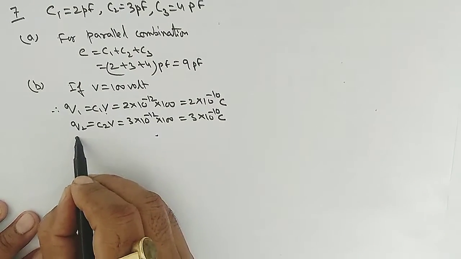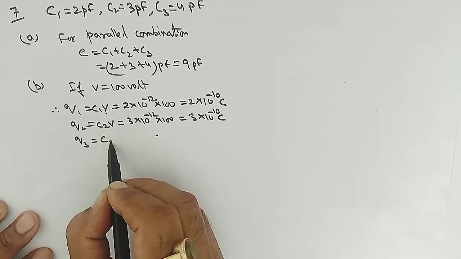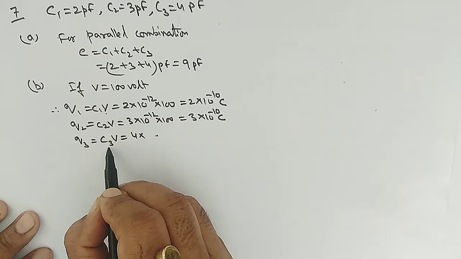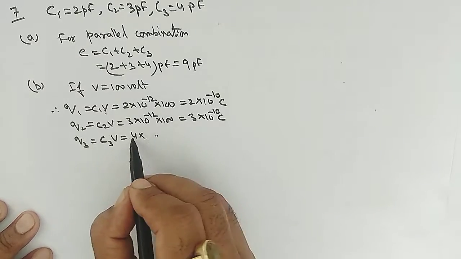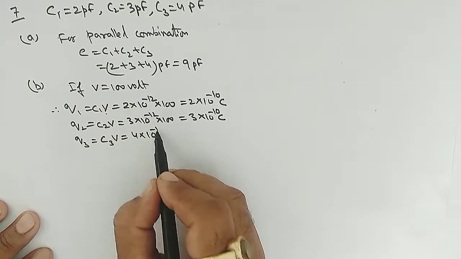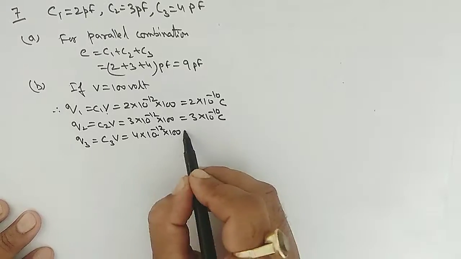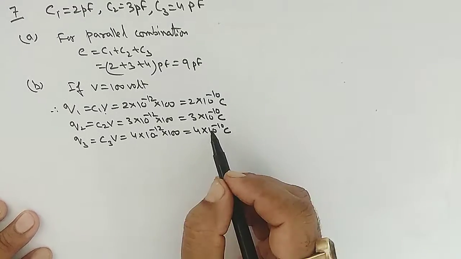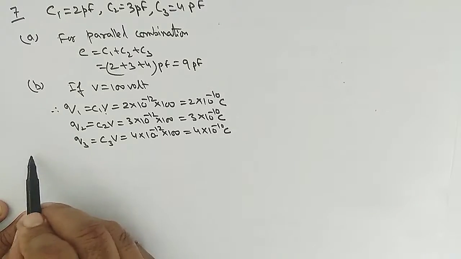Now to find Q3, it is C3V, with C3 equal to 4 picofarad, so 4 into 10 to power minus 12 into 100, that is 4 into 10 to power minus 10 coulomb. So this is the answer of question number 7.